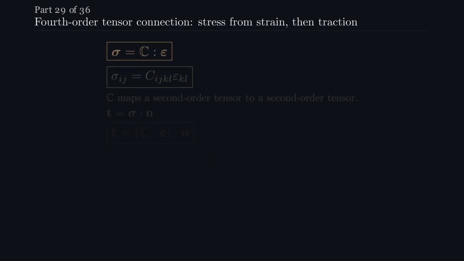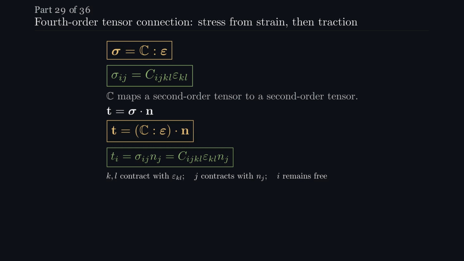In linear elasticity, stress often comes from strain through a fourth-order stiffness tensor. The fourth-order tensor maps strain to stress. Then stress maps the plane normal to traction. In the indicial chain, k and l are contracted with strain, j is contracted with the normal, and i remains free.